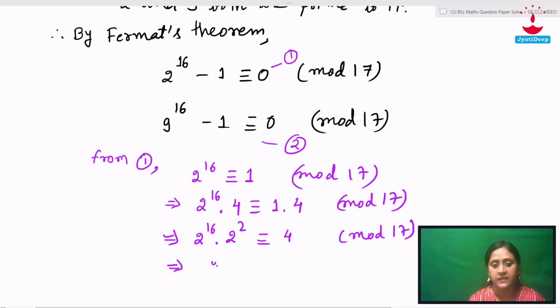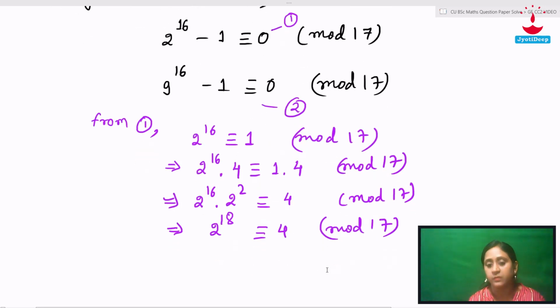This implies 2 to the power 16 plus 2, that is 2 to the power 18, is congruent to 4 under mod 17. Okay, so we are going to call it 1 dash.